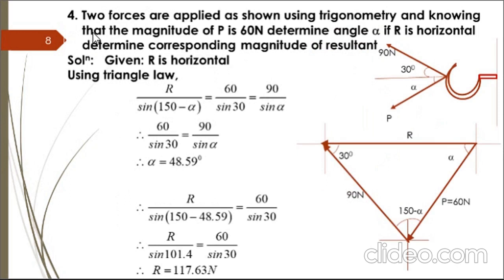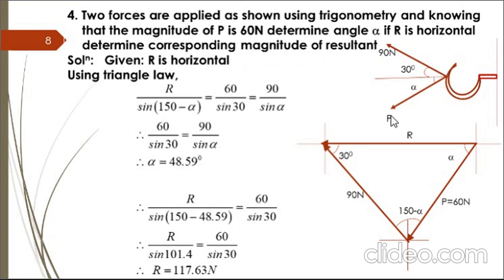Then one more question. Two forces are applied as shown. Using trigonometry, and knowing that the magnitude of P is 60 Newton, determine the angle alpha if R is given to be horizontal, and determine the corresponding magnitude of the resultant. So here again a horizontal hook is shown where two forces are applied.